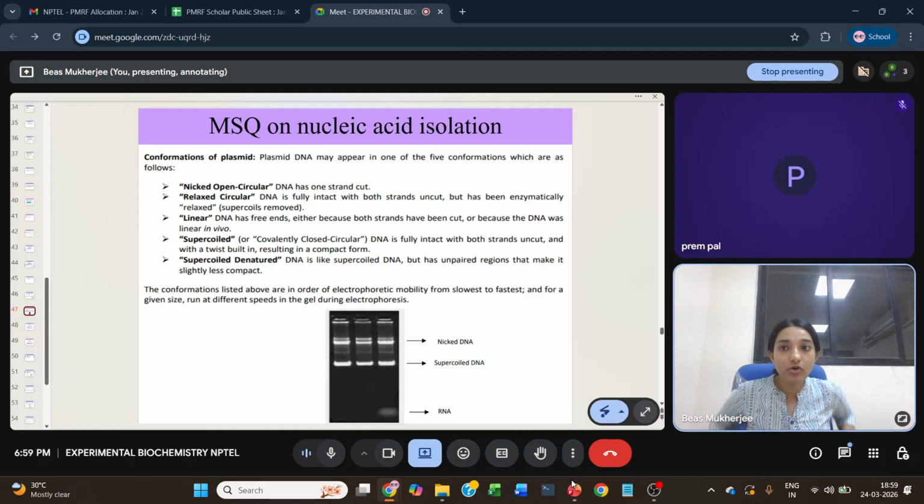Now, coming to conformation, I'm sure you remember this. Plasmid DNA may appear in one of five different conformations. It can be nicked and open circular, relaxed circular, linear, supercoiled, or supercoiled and denatured. Normally, intact plasmid DNA has supercoiled conformation, and that is why it is easy to renature it back.